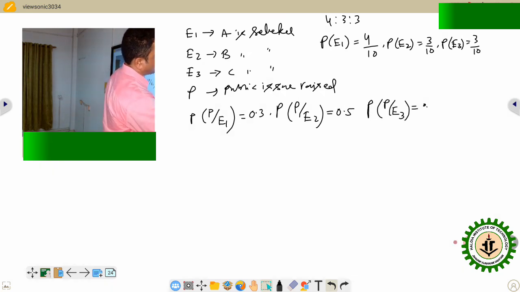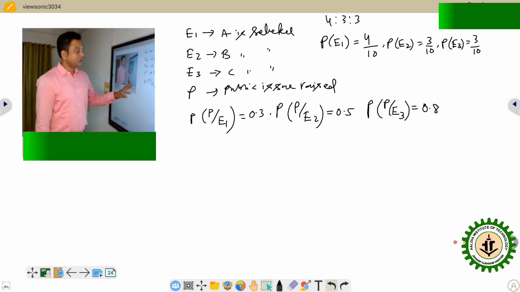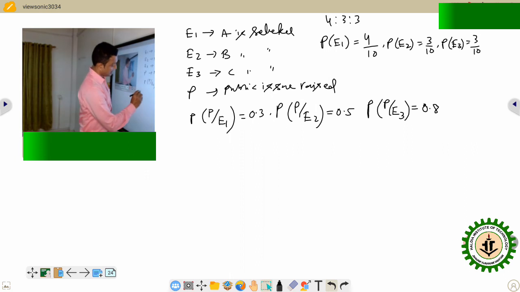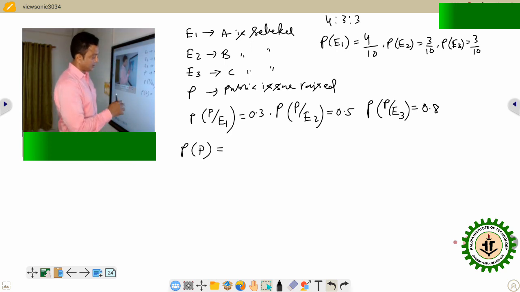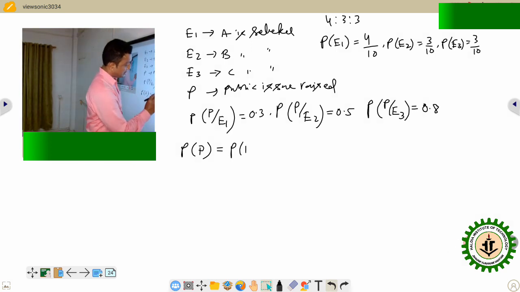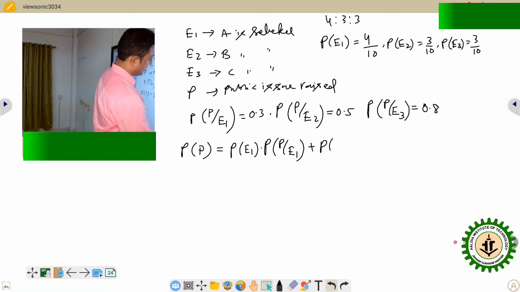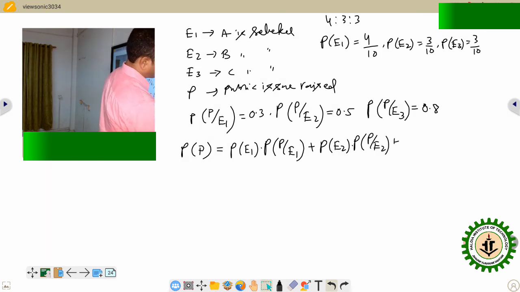These are the probabilities. Now, if we are finding that the public issue is raised, then it is coming from the total probability. It came from A, B, or C, from these three persons. So first of all, A is selected and the person raised the public issue, plus probability of E2 when B is selected and B raised the public issue, plus C is selected and C raised the public issue.